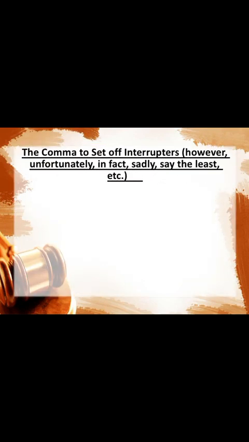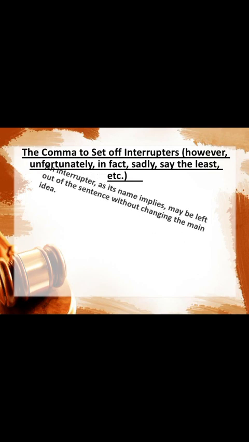Another placement: we have the comma to set off interrupters. Interrupters, we talked about it in the previous lecture. We named it commentary words. It is the same, okay? Like however, in fact, sadly, to say the least, we have many interrupters.